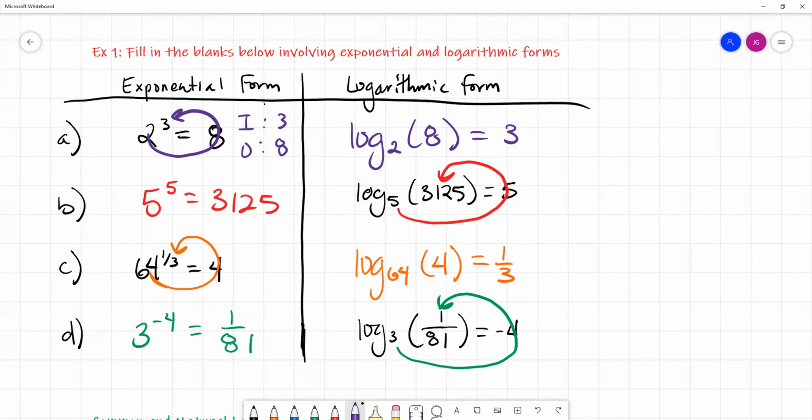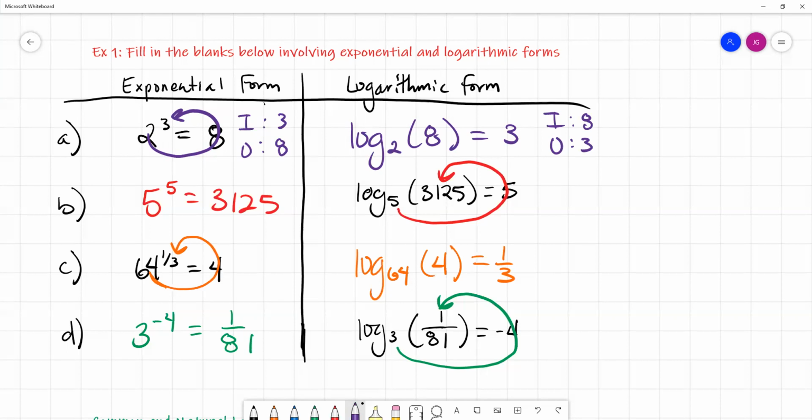Remember, with inverses, we switch the inputs and the outputs, the domain and range. Over here, my input is 8, and my output is 3. Over here, I put 3 inside the exponent, and I spit out 8 as my answer. Here, I put 8 into the logarithm, and I spit out 3 as my answer. You can see how this inverse relationship works.